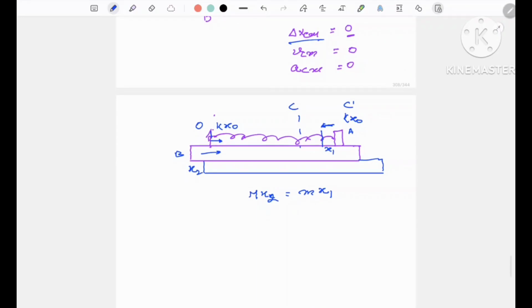The total extension of the spring will be x1 plus x2.